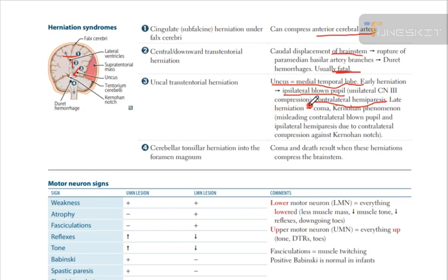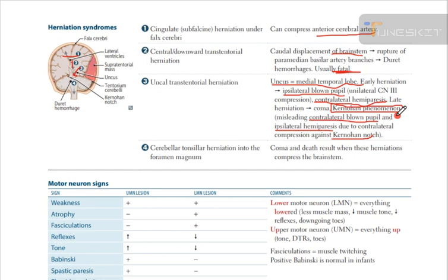Late herniation results in coma and Kernohan phenomenon, which is a misleading contralateral blown pupil and ipsilateral hemiparesis due to contralateral compression against the Kernohan notch. It is very difficult to remember.